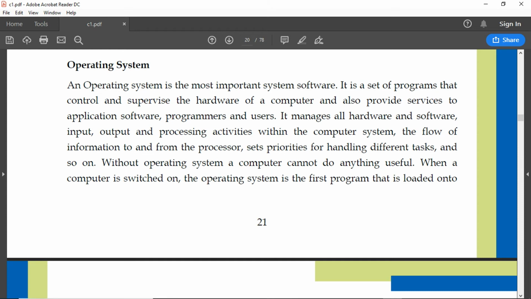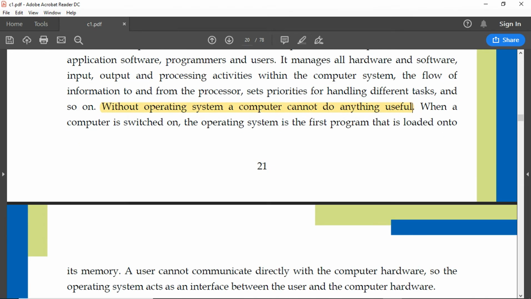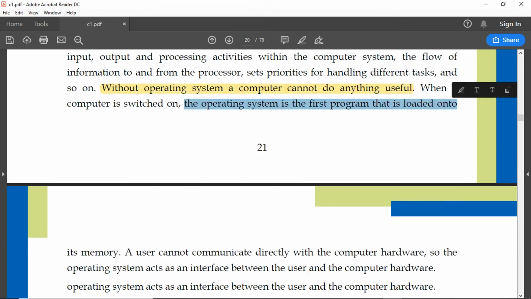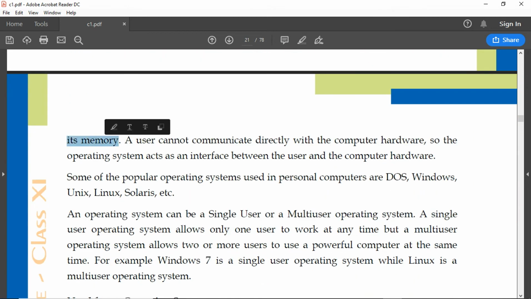It manages all hardware and software input, output, and processing activities within the computer system, the flow of information to and from the processor, sets priorities for handling different tasks, and so on. Without operating system, a computer cannot do anything useful. When a computer is switched on, the operating system is the first program that is loaded onto its memory.